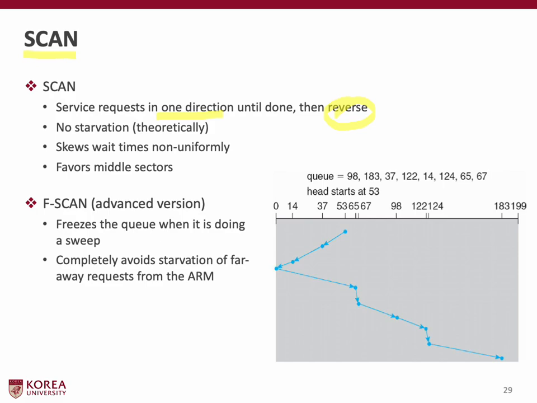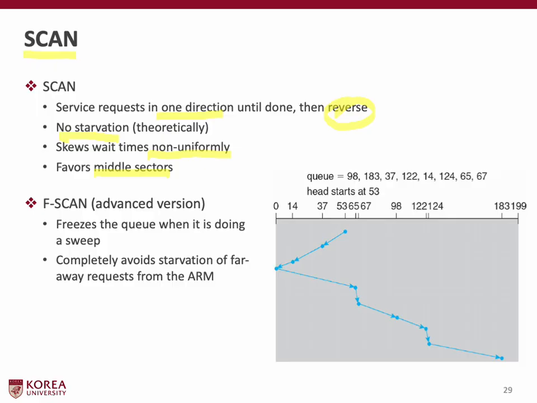By doing so, it can avoid starvation theoretically, because every request will eventually be reached as the arm moves back and forth. However, wait times are not uniform because this algorithm tends to favor middle sectors.